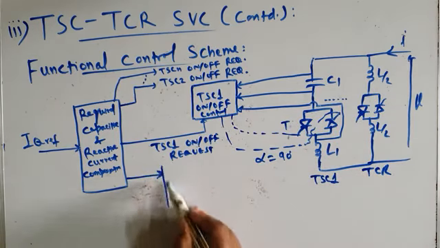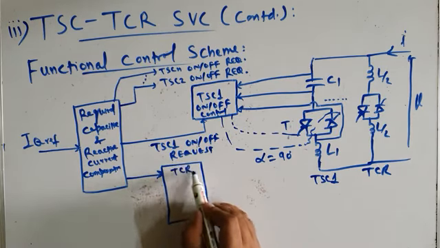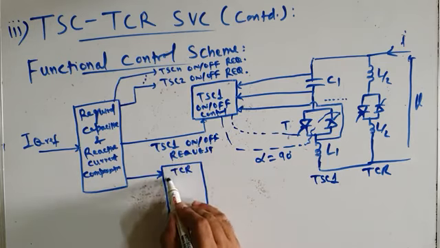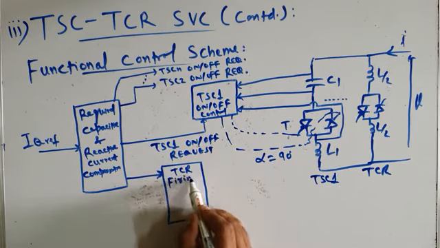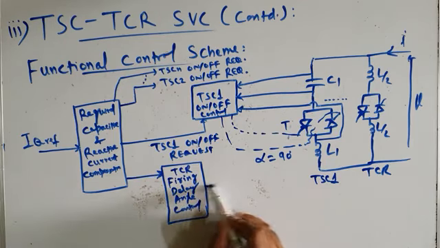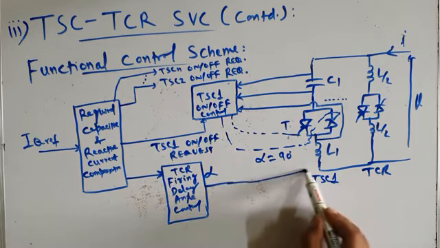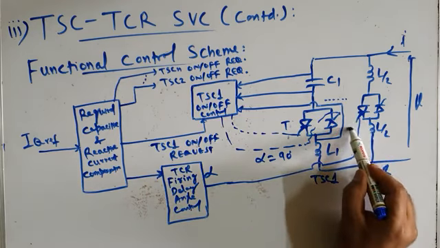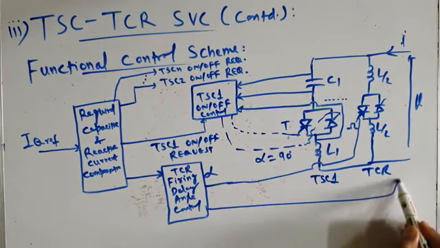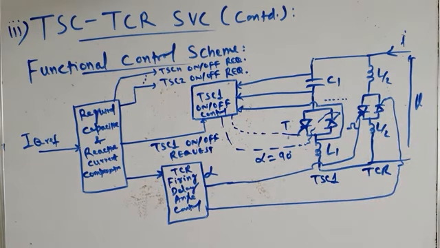For that purpose we have another control block here, called the TCR firing delay angle control. This block will issue firing pulses at a particular alpha. It will generate the control pulses, and those firing pulses will be given to the gates of these anti-parallel connected thyristors, SCRs.